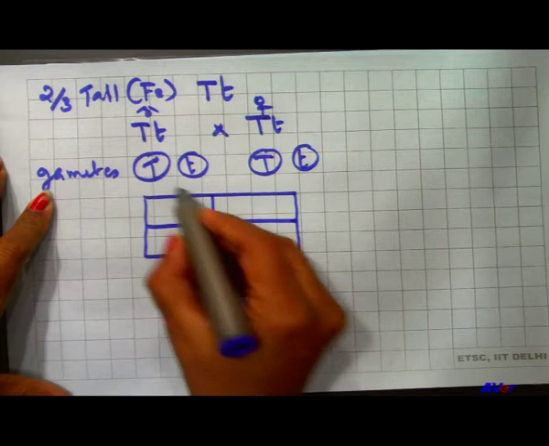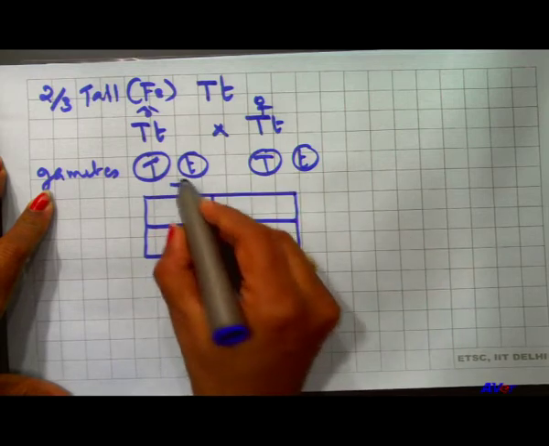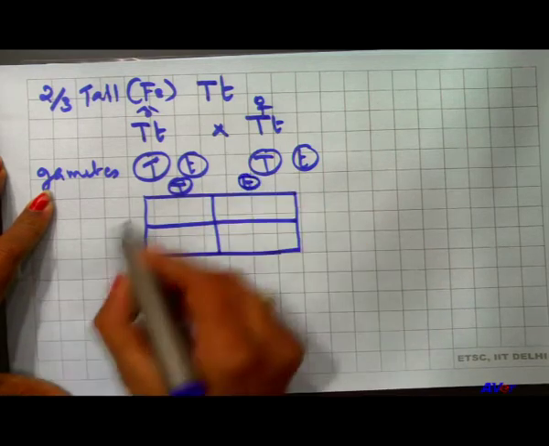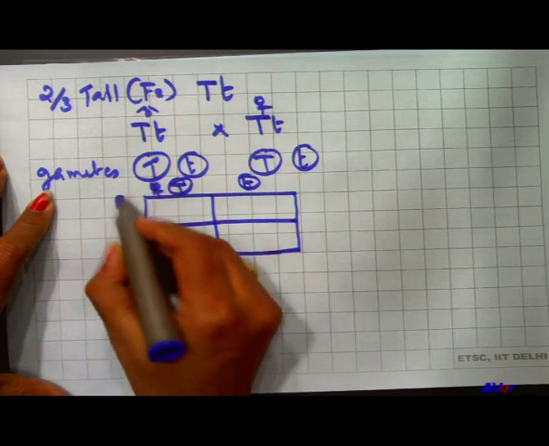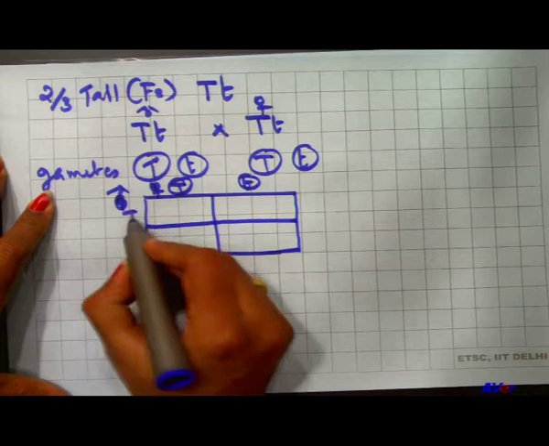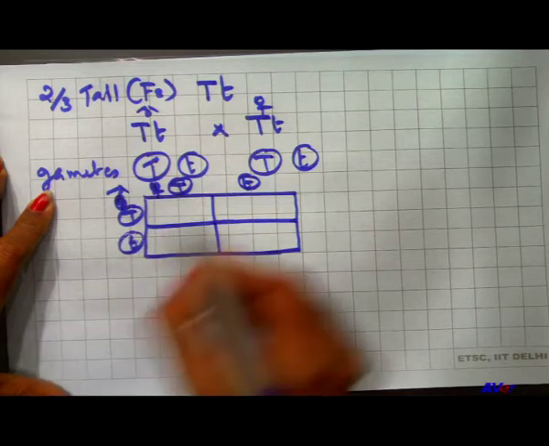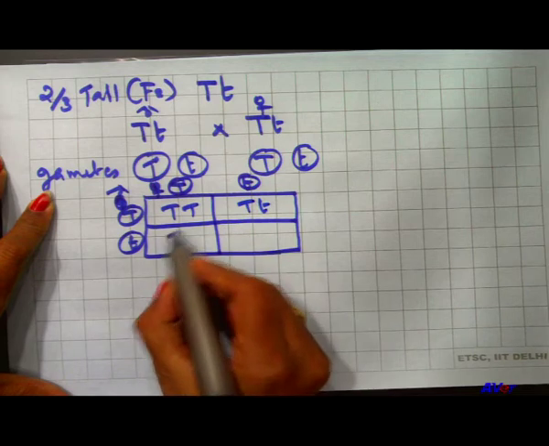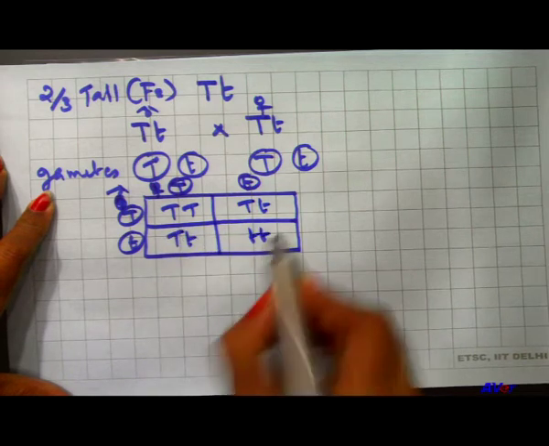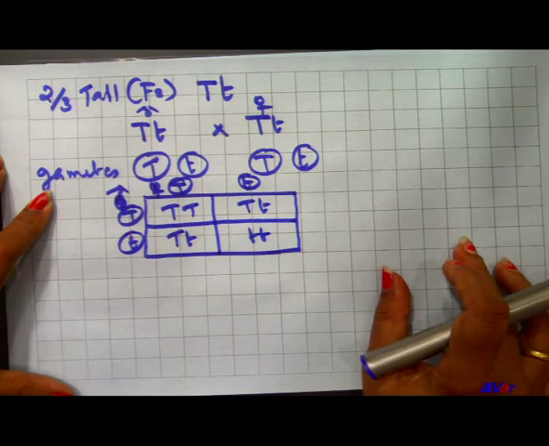So here the female gametes we will write here capital T small t, male gametes here capital T small t. Again you can see the result will remain the same as that of the F2 generation.